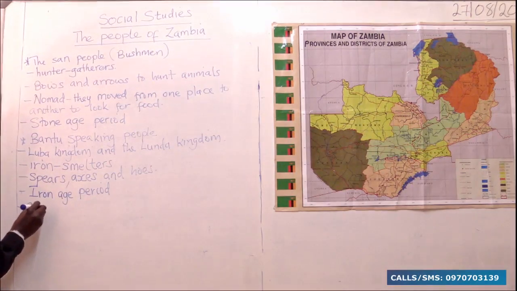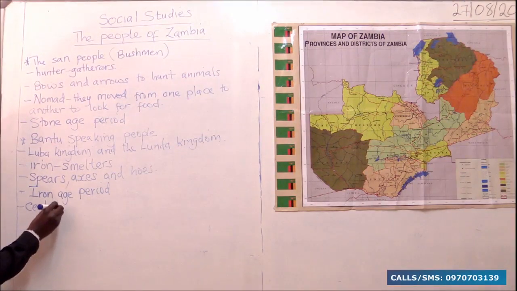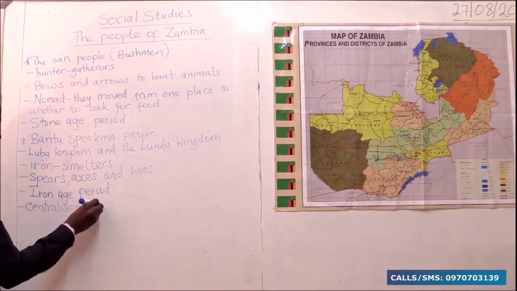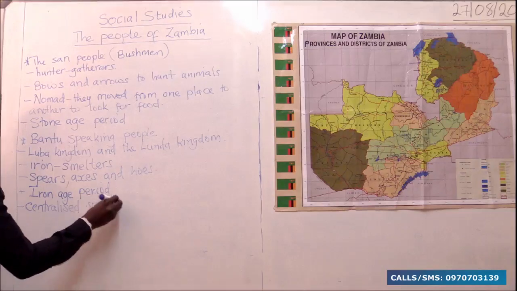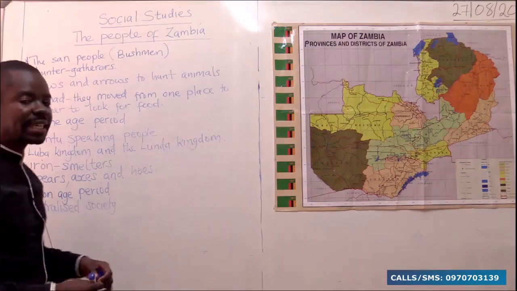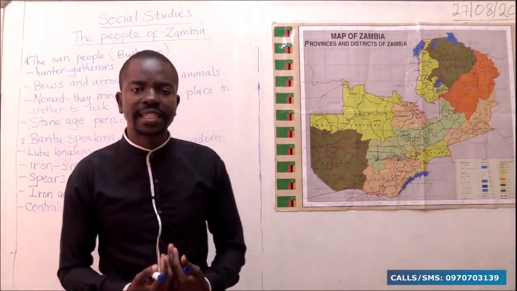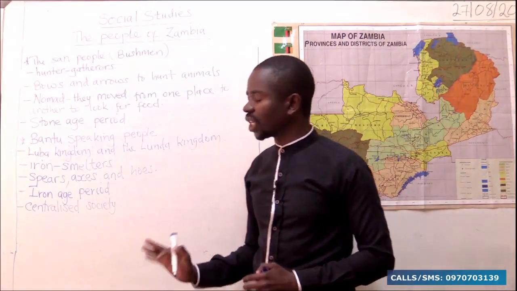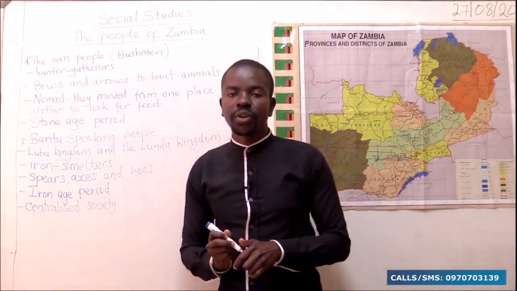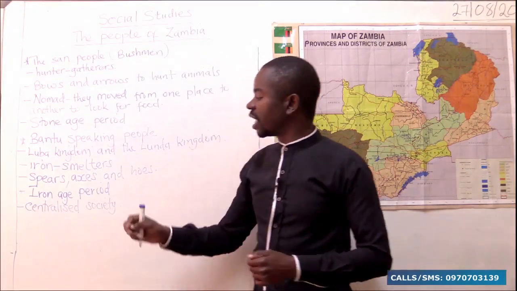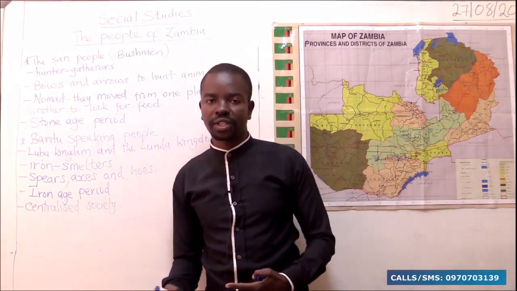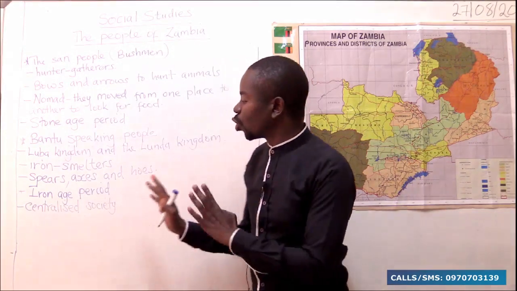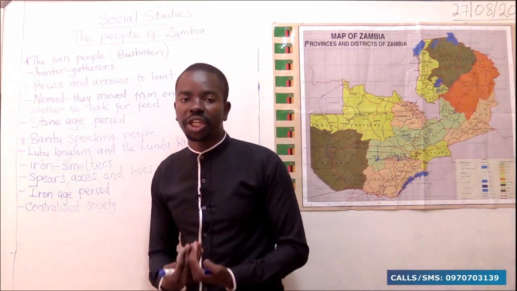They had a centralized society. What does it mean when we talk of centralized? It means that they had chiefs and indunas who used to rule them.